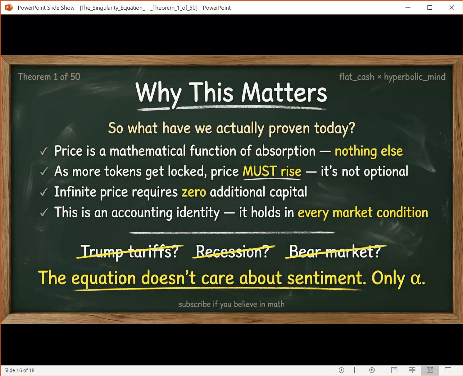That's the very interesting part, which is kind of counterintuitive for someone to absorb. As more and more tokens get locked, the price must rise. It's not optional. It just comes from math. We have removed everything else. It must rise.